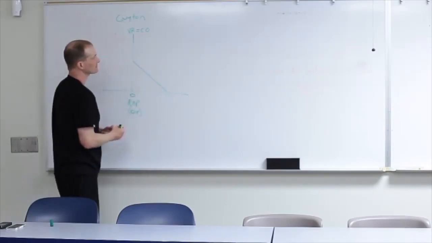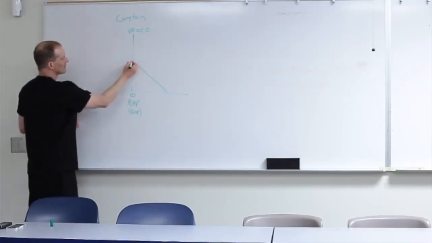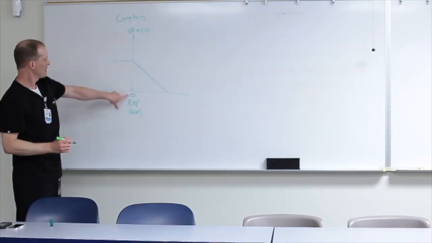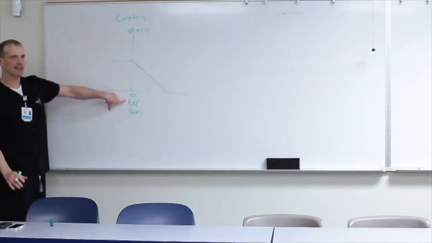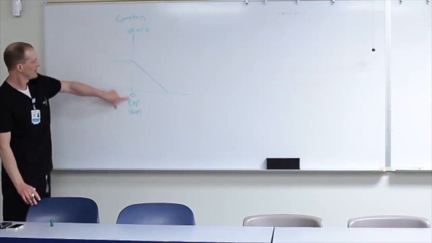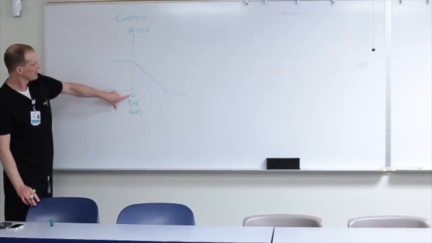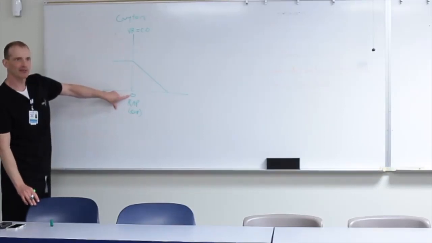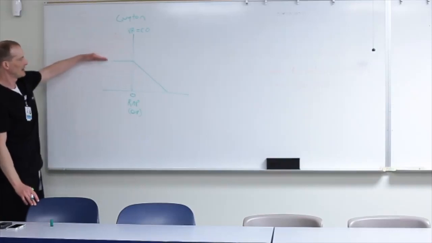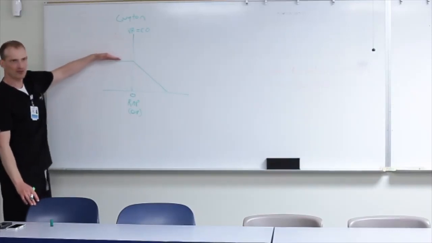So at 0, we can't really have a negative central venous pressure for very long. Okay? So at 0 millimeters of mercury of CVP, we run into a limit on how much venous return can happen.